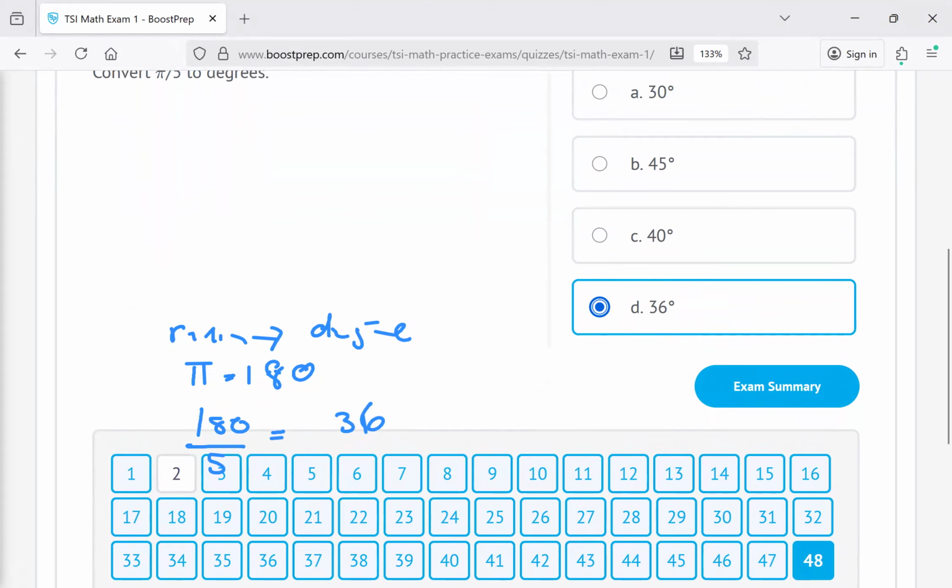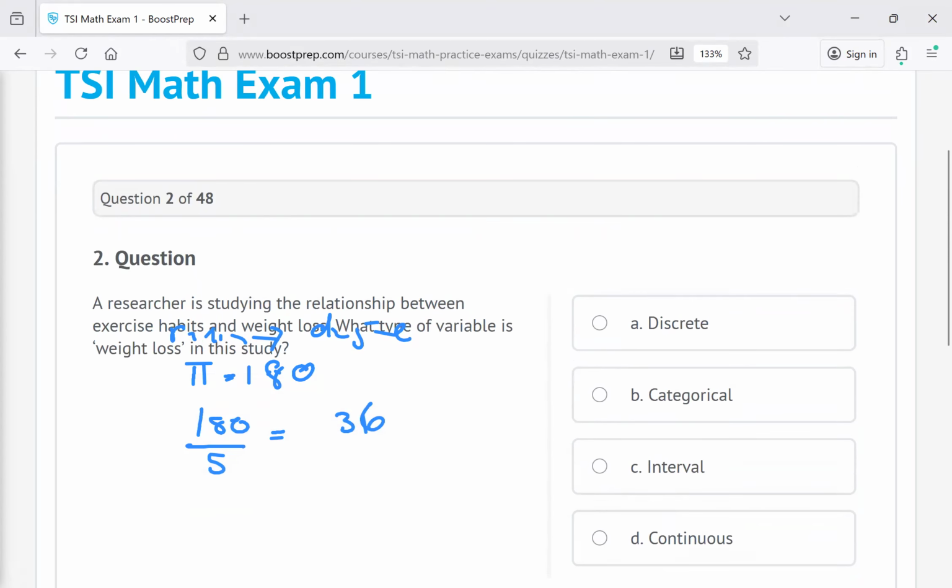Before, I skipped 2, right? Let me do 2 or try to remember. Let's see. A researcher is studying the relationship between exercise habit and weight loss. What type of variable is weight loss in the study? Let me think. Is it discrete or is it categorical?